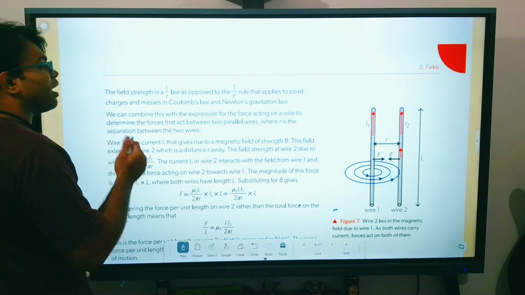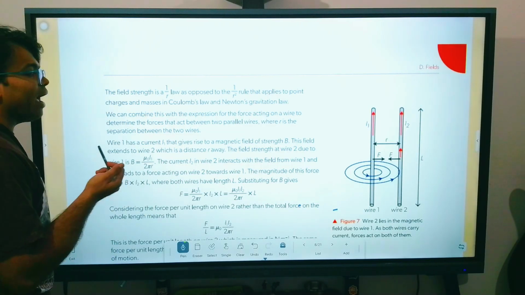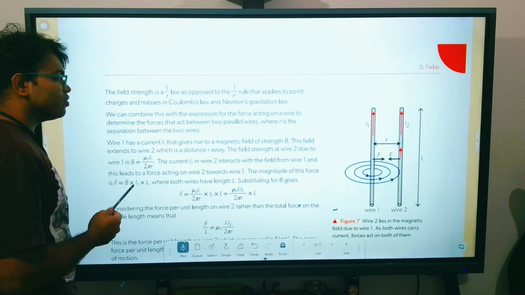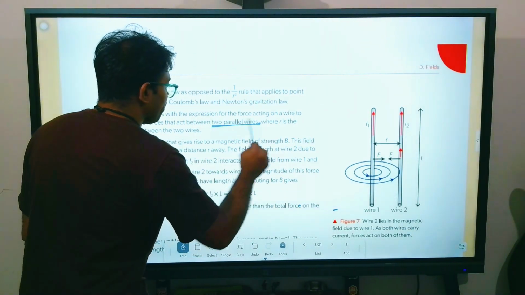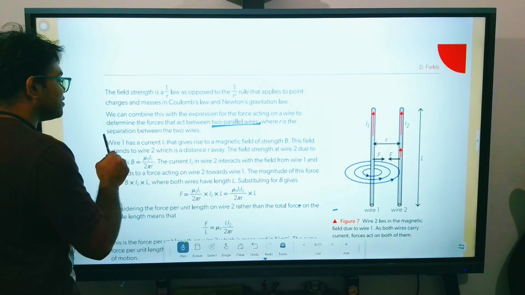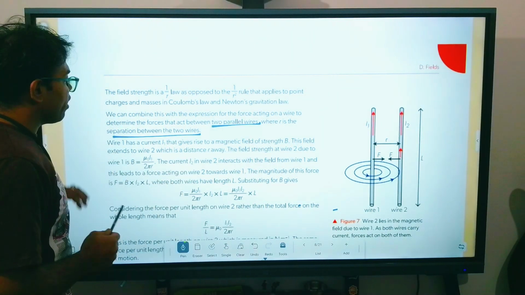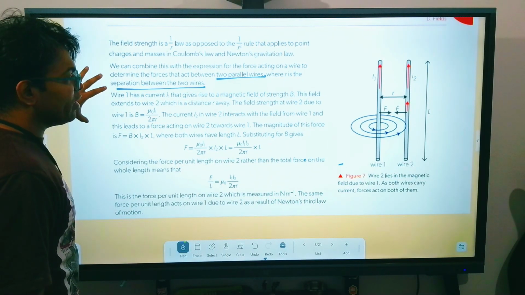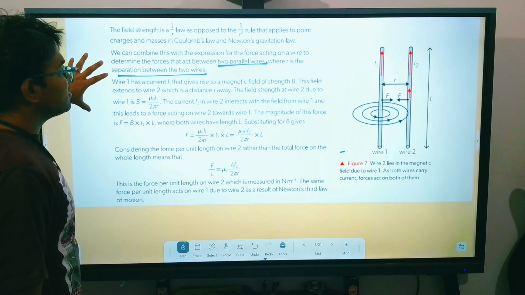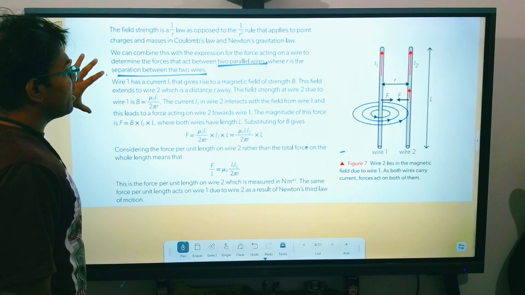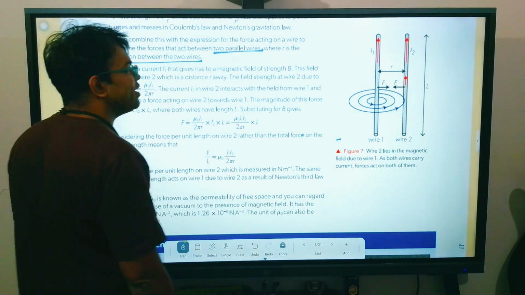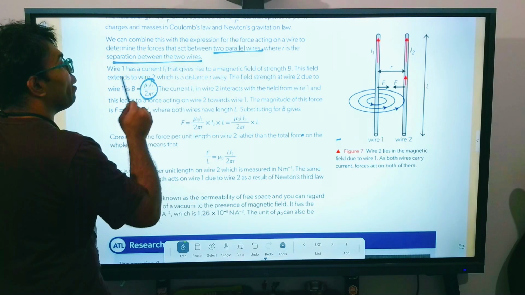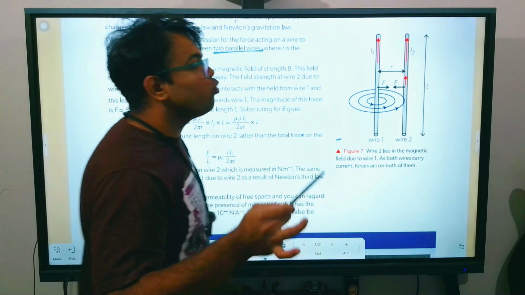So we can combine this with the expression for the force acting on a wire to determine the forces that act between the two parallel wires, where r is the separation between the two wires. Wire 1 has a current I1 that gives rise to a magnetic field B. This field extends to wire 2, which is at a distance r away. The field strength at wire 2 due to wire 1 is equal to mu naught I1 upon 2 pi r.